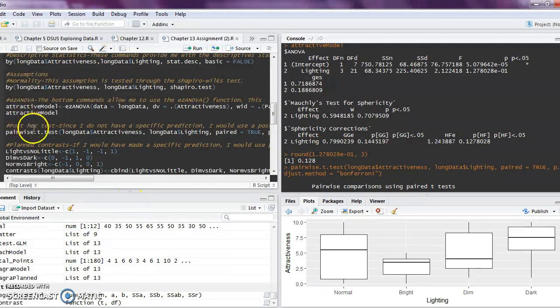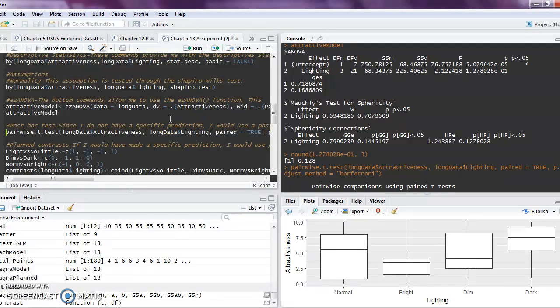That would be really cool to look at if we had a significant effect, but we don't. So boo.